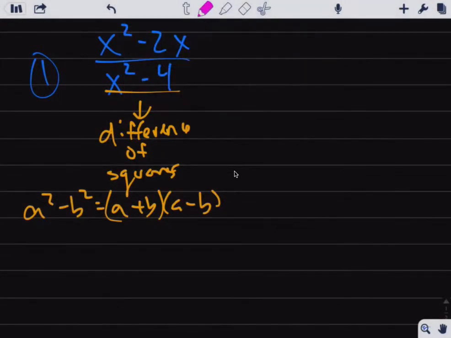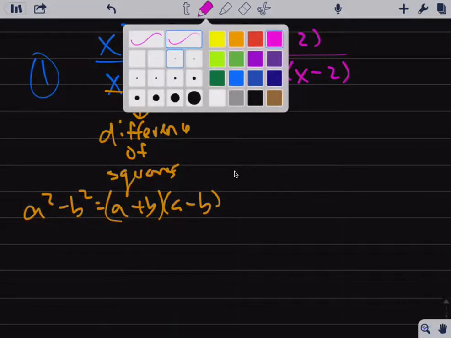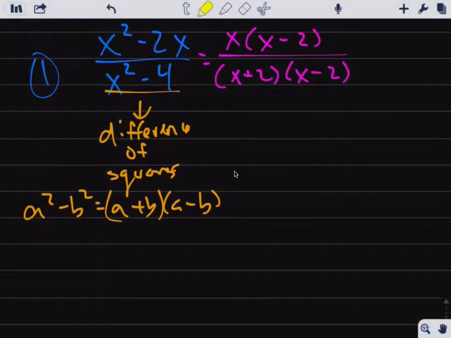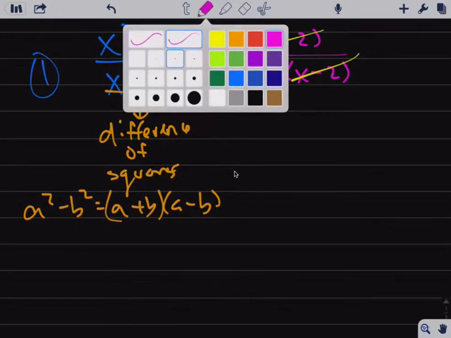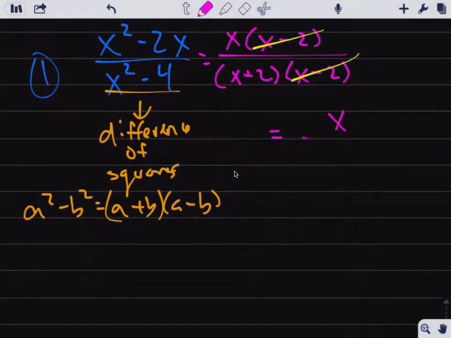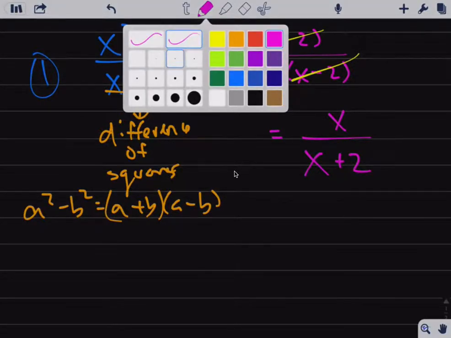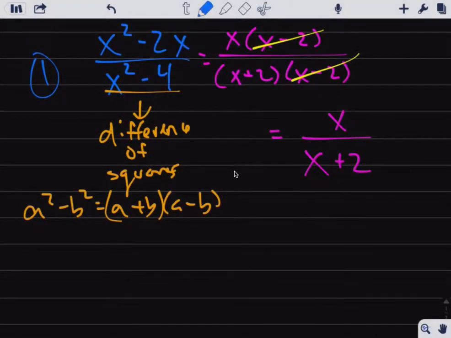So for us, we have x squared minus 2 squared, so that's x plus 2, x minus 2, because the 4 is 2 squared, and then I can pull out an x on the top as a GCF, and then I've got stuff that cancels. Stuff that cancels is the x minus 2, and so I end up with the final expression as x over x plus 2.